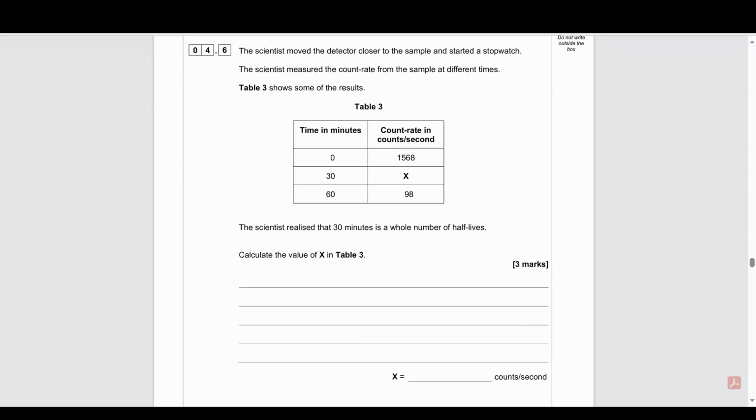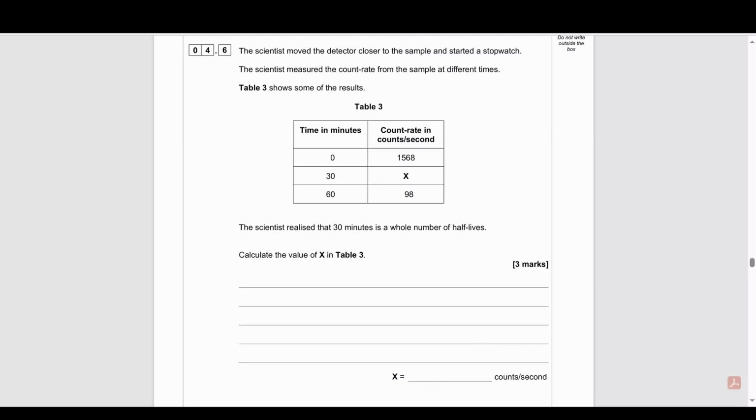4.6. The scientist moved the detector closer to the sample and started a stopwatch. The scientist measured the count rate from the sample at different times. Table 3 shows some of the results. So we've got the time in minutes, 0, 30, and 60, and then we've got the count rate in counts per second.